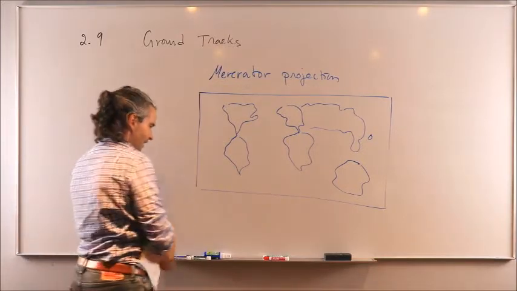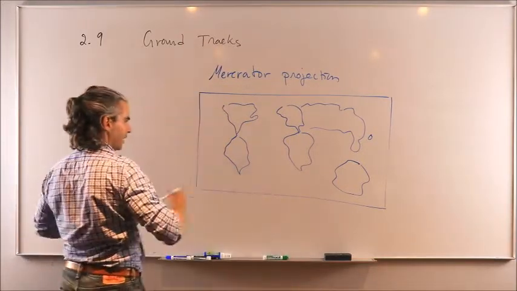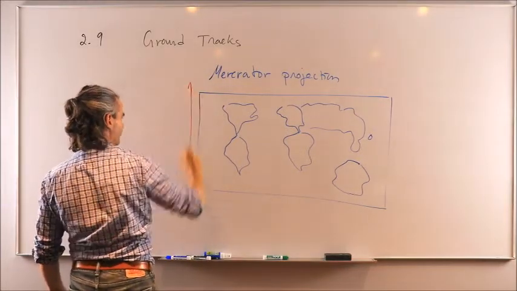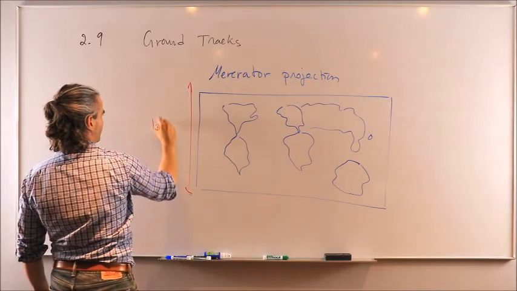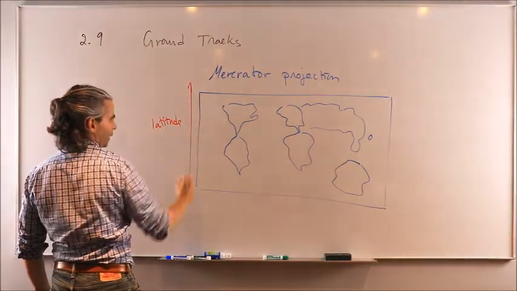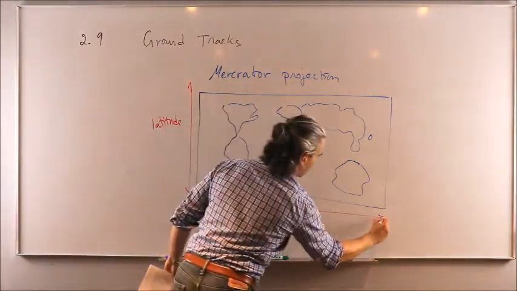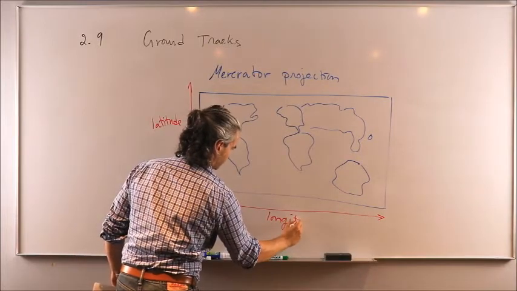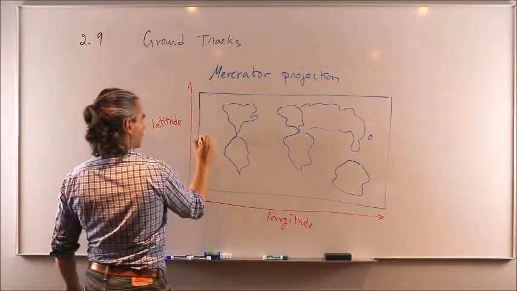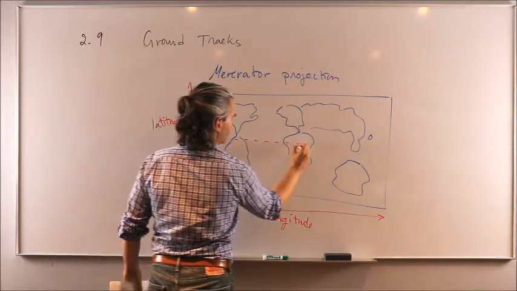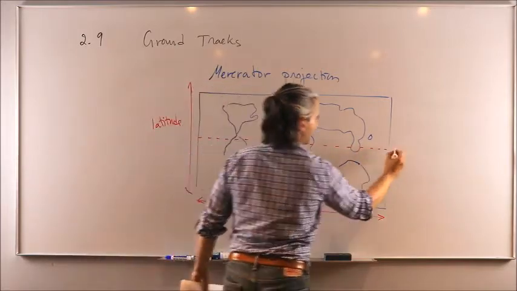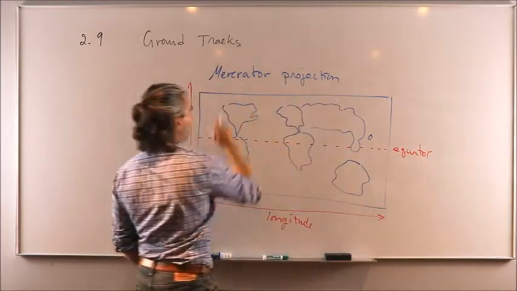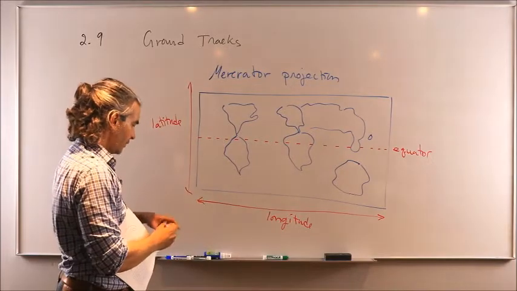And this map has labels for latitude along this axis and longitude along this other axis, with the equator going through the middle here. Okay, so this is the Mercator projection of the spherical Earth.